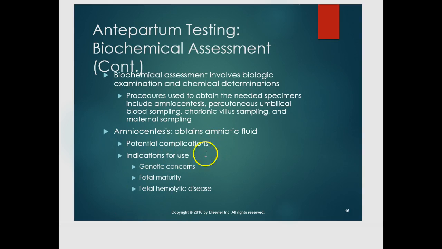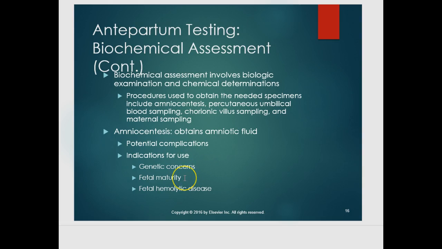So why do we use amniocentesis? We use it for genetic concerns, first of all. So you guys, if mom is over 35 and she's worried about a chromosomal abnormality, she is offered an amniocentesis to look at the chromosomes and give her the information about the baby so that she can make adequate choices.